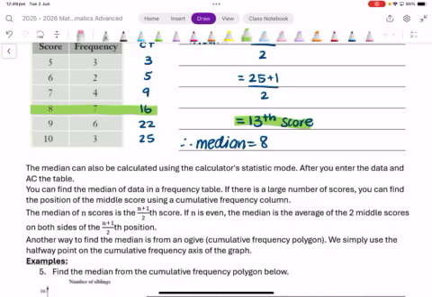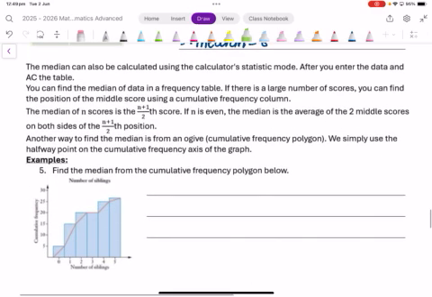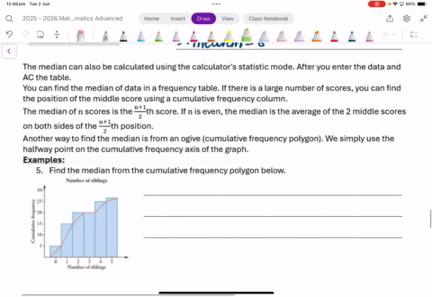Okay, another way of finding the median is from a cumulative frequency polygon, also called an ogive, and we simply use the halfway point on the cumulative frequency axis of the ogive. So halfway between our largest score there is 27.